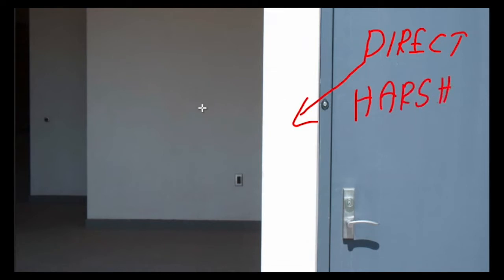And this over here would be the indirect soft light. The difference, of course, is that this wall receives light directly from the sun, and this wall receives light that is diffused, which is diffused because it bounces off all over the place.